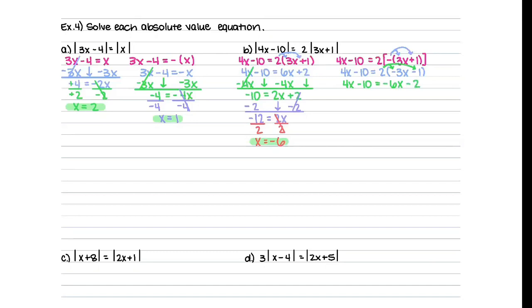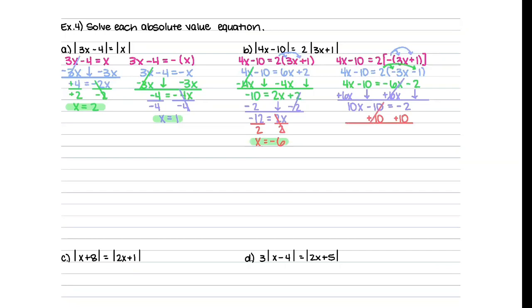Now, all I have to do is solve for x. I'm going to move my 6x over by adding it to both sides. These 6x's cancel. My negative 2 drops down. My negative 10 drops down. This is leaving me with 10x minus 10 is equal to negative 2. From here, I want to add the 10 to both sides to get my 10x by itself.